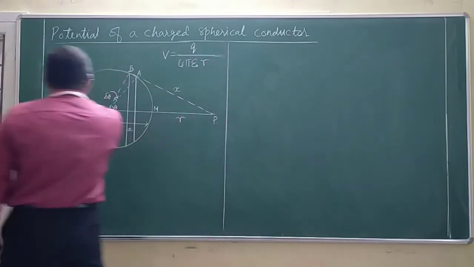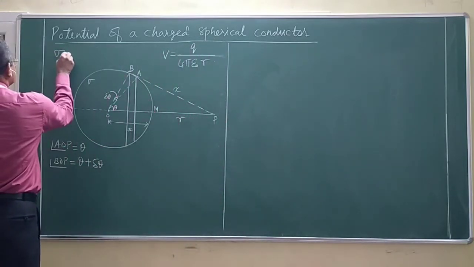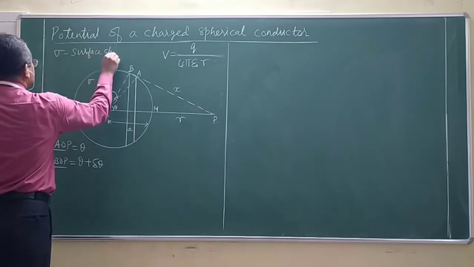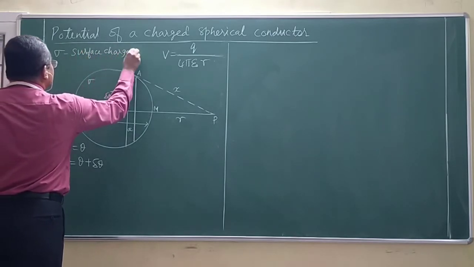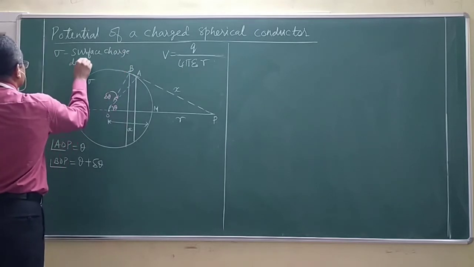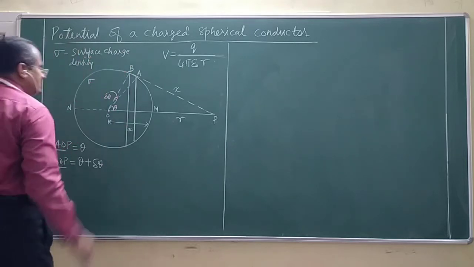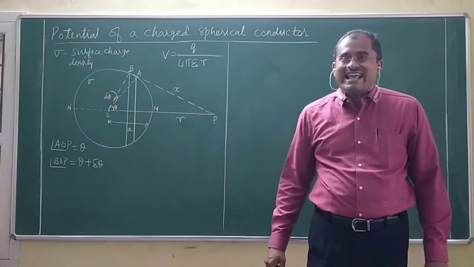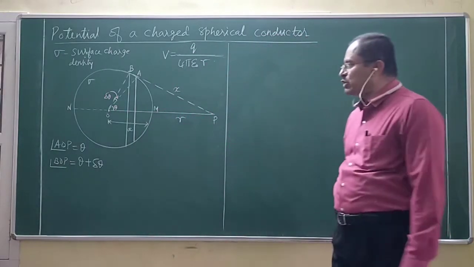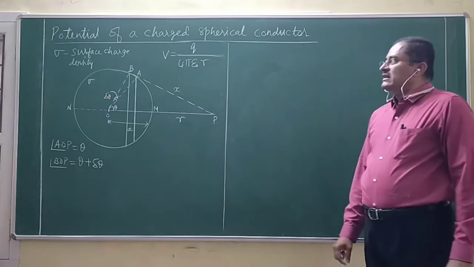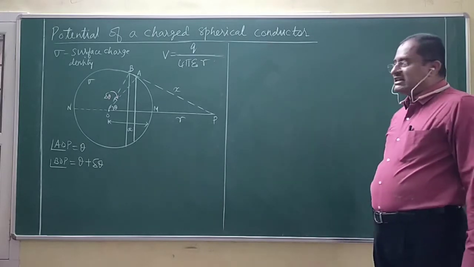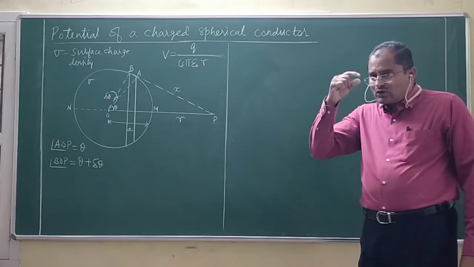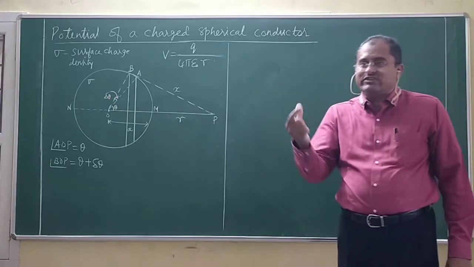What is sigma? Sigma is surface charge density. When I say surface charge density, I mean it is charge upon unit area. I need to clarify that because I just told you, let me find out the surface area of the filament.